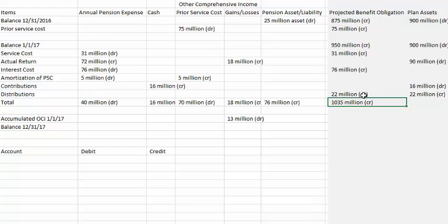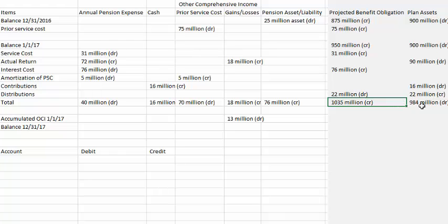You add the credits, subtract the debits, you have a $1,035 million balance. And you take the plan assets starting at the $900 million, you increase it for this, you increase it for this, and you subtract the $22 million to get a $984 million debit balance.